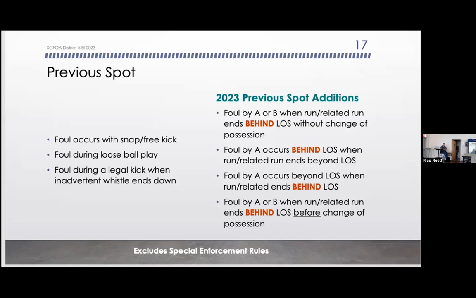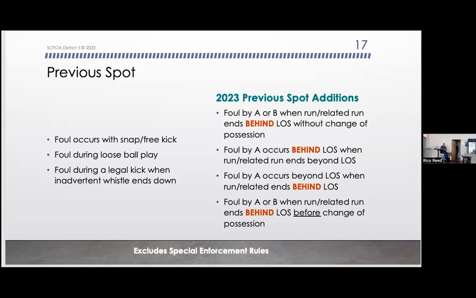So what word do you see in each of those? Behind. So if the run ends behind the line of scrimmage, we're going to enforce the foul from where? Previous spot. Right. If the foul occurs behind the line of scrimmage, we're going to enforce from where?